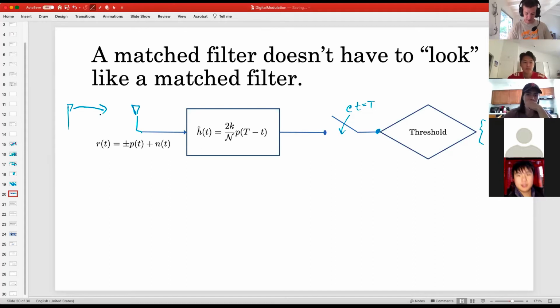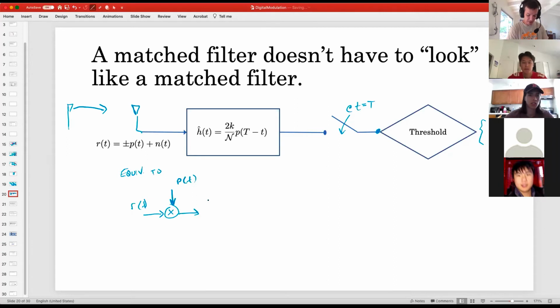So I want you to see that we can get the effects of match filtering without having anything that actually would look like a matched filter. My claim is that this is equivalent to having r(t) come in to a multiplier, which we're feeding some kind of locally generated pulse copy.